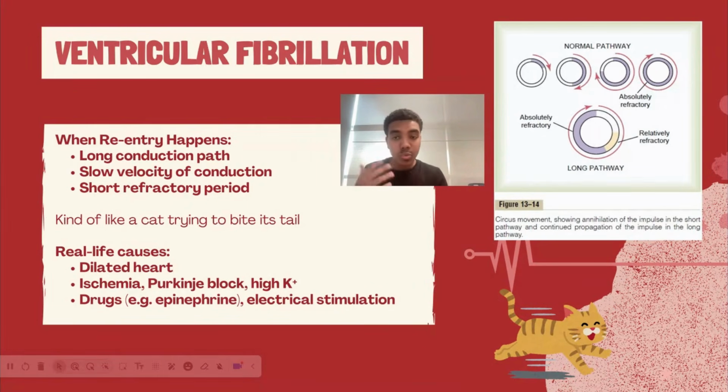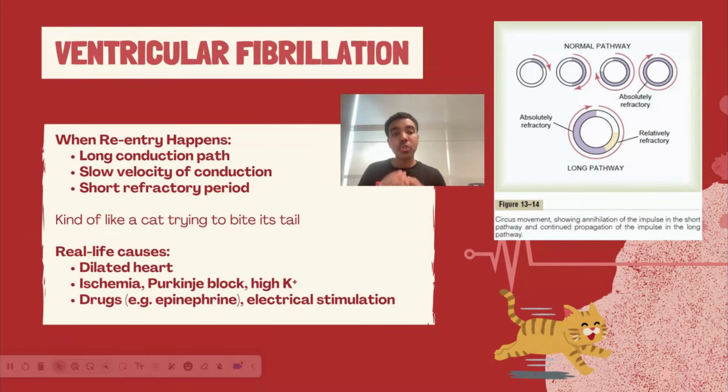So when does this re-entry happen? When we have a long pathway, when we have slow velocity of conduction. If you remember when we talked earlier, the ectopic pacemaker is slower than the Purkinje fibers. This causes re-entry.